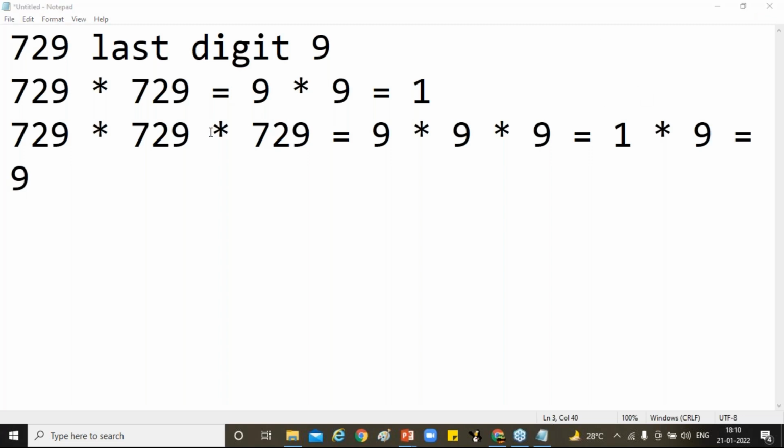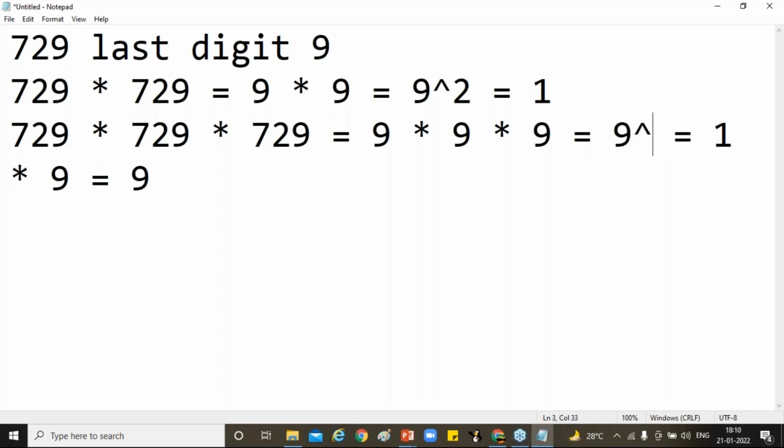It means that 729 into 729 depends on 9 power 2, and 729 into 729 into 729, the last digit depends on 9 power 3. So there are only 3s. That is the reason you may get the answer easily.